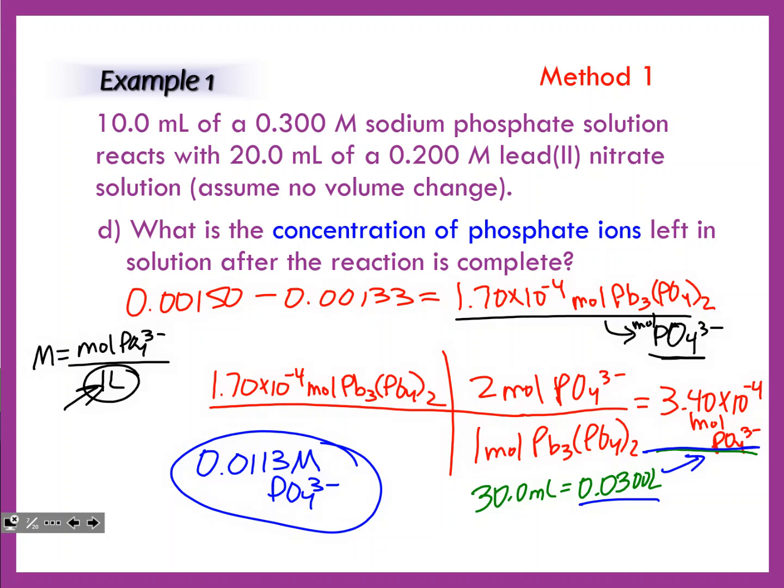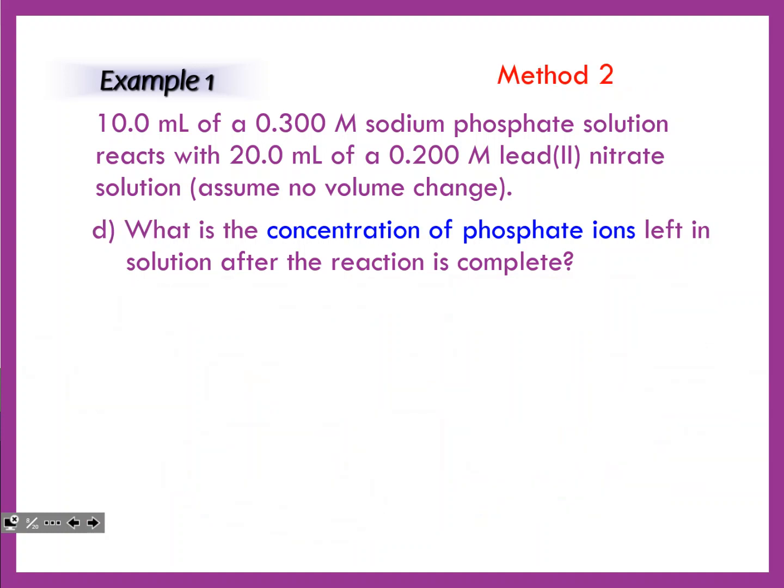The subtracting of the moles is helpful because then all we have is like a one-step T-chart to get to moles of phosphate, right? So there's one way. Now, all right. Method 2. If we want to do it the limiting reactant way, which reactant was the limiting one?